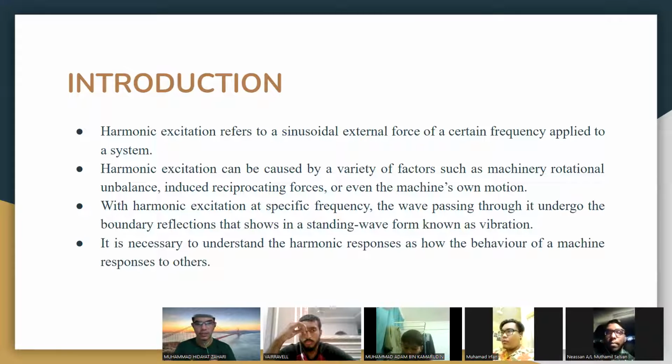With harmonic excitation at a specific frequency, the wave passing through it undergoes boundary reflection that shows in a standing wave form known as a vibration. It is necessary for us to understand the harmonic response, as in how the behavior of a machine responds to the others.